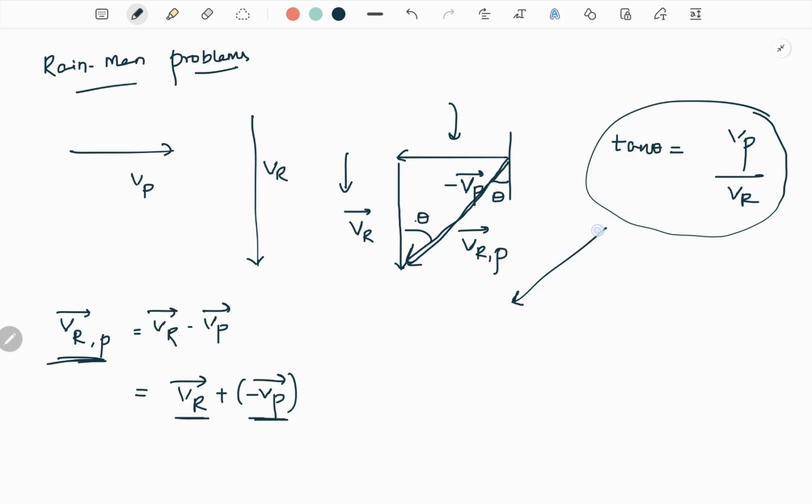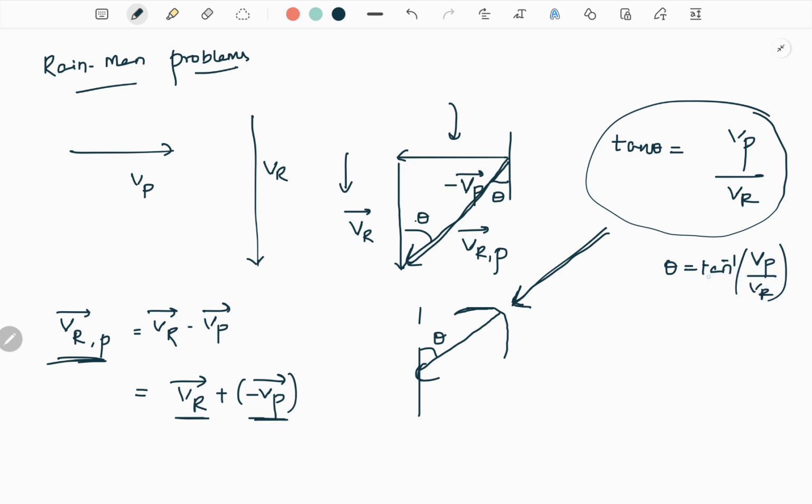If the drops seem to be falling in this direction for that person, and he has an umbrella and wants to protect himself from getting wet, he can hold his umbrella like this. So he must hold his umbrella making an angle theta with the vertical, where theta is given by tan inverse of Vp by Vr.